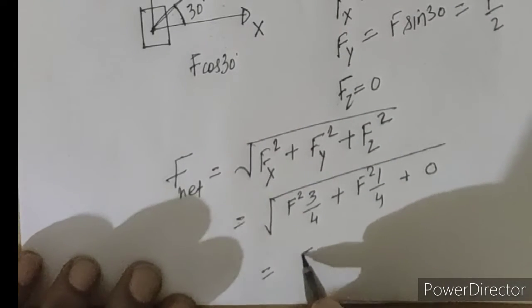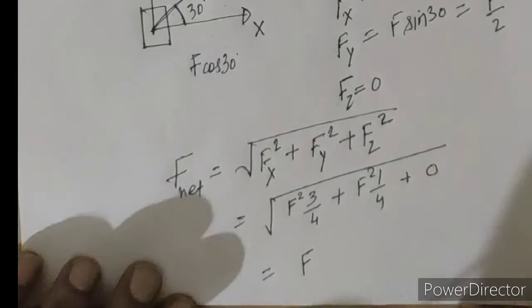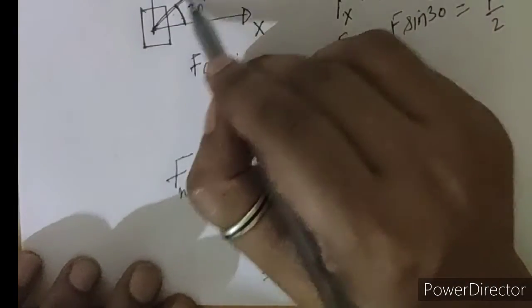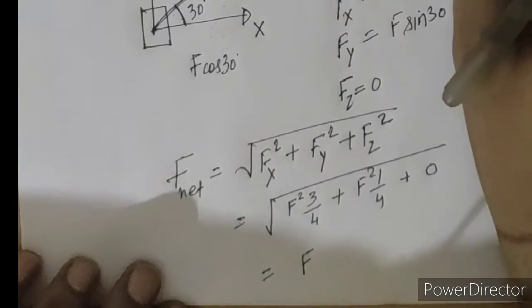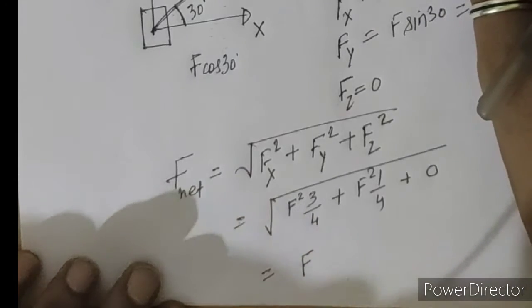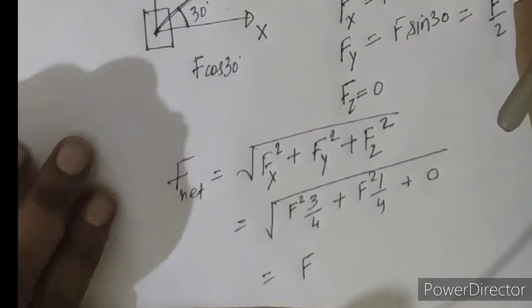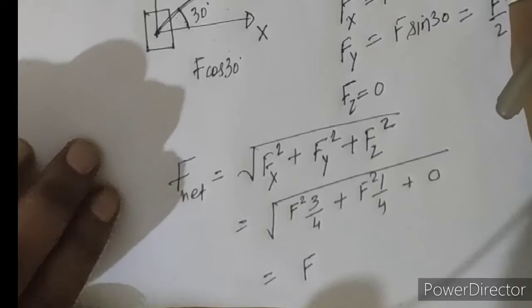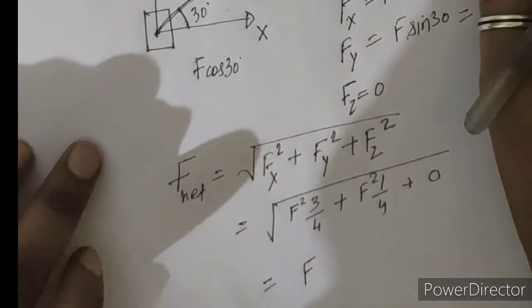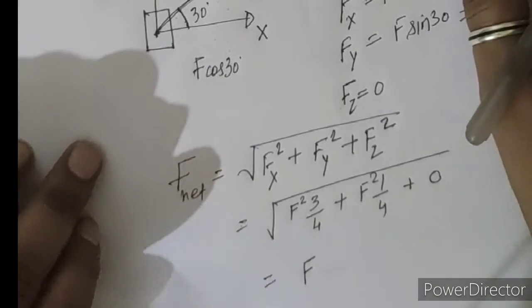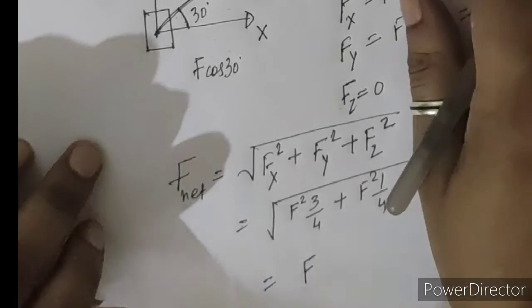This makes it net F, which is equivalent to the net force being applied. So this is about how to divide a force into different axes x, y and z.